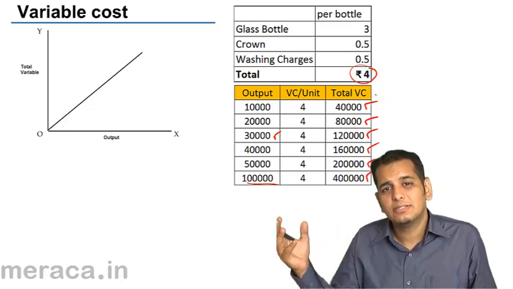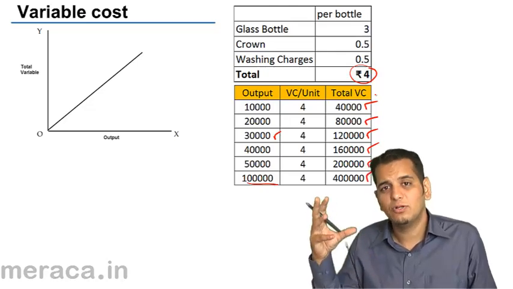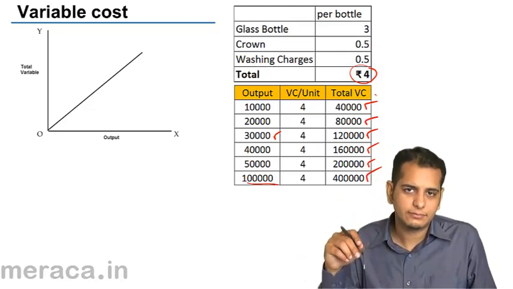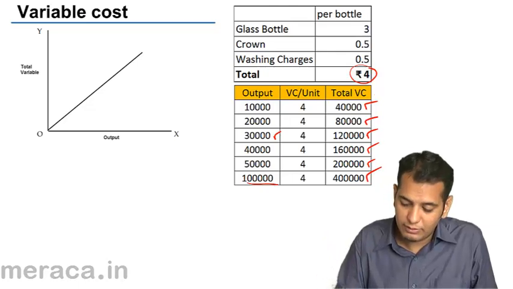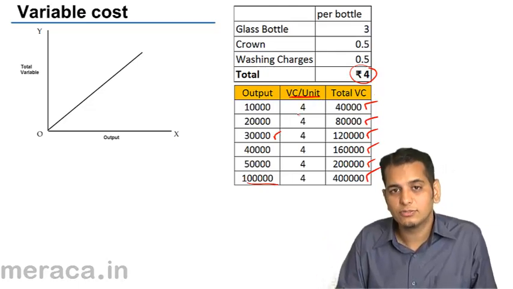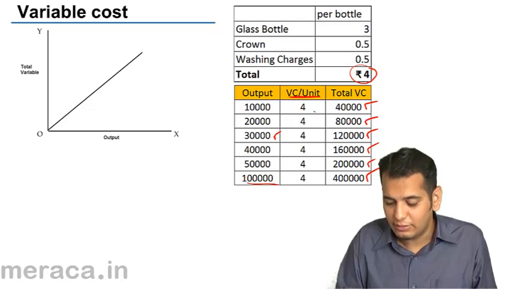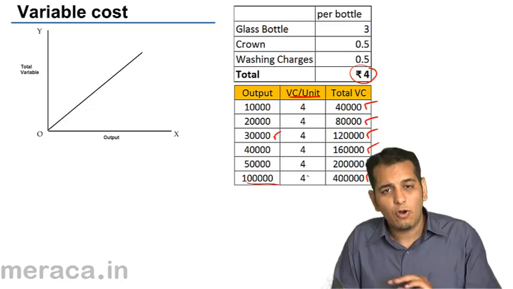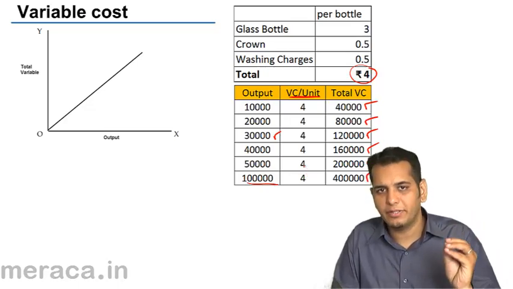As the production is increasing, the total variable cost is also increasing. However, the average variable cost or the variable cost per unit is constant at all levels. At all levels of activity, it remains constant.